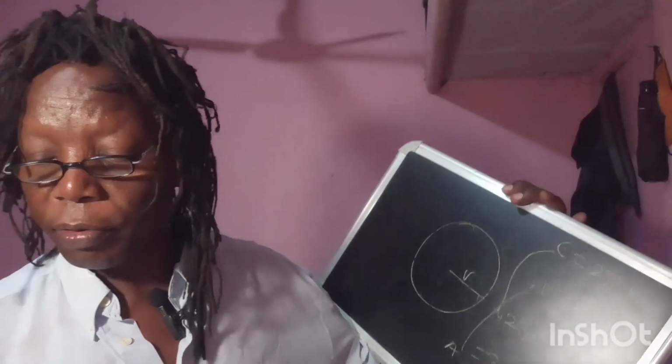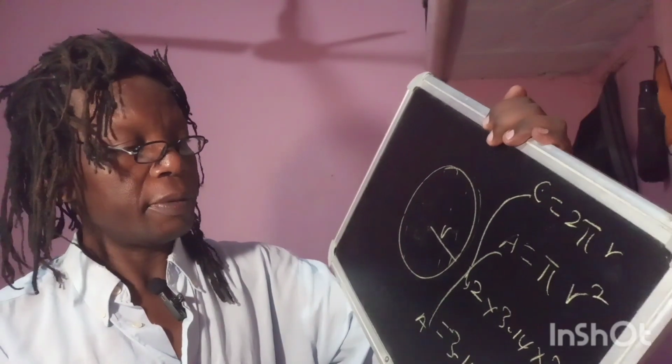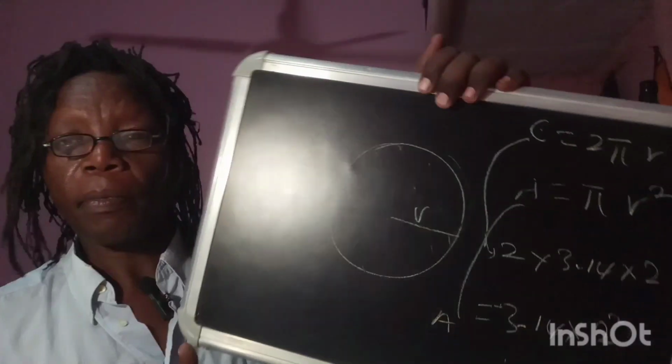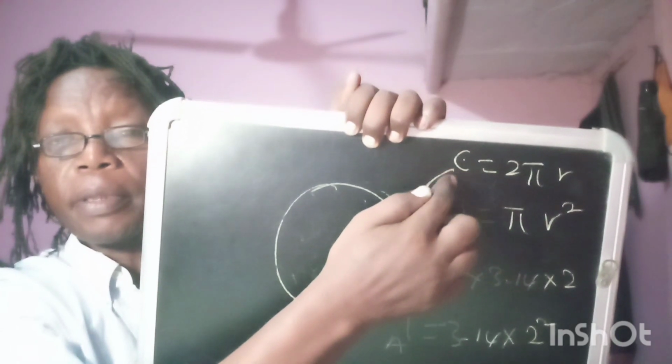That means 2 times 2 is 4, and 4 times 3.14. It gives us the value of 12.56.